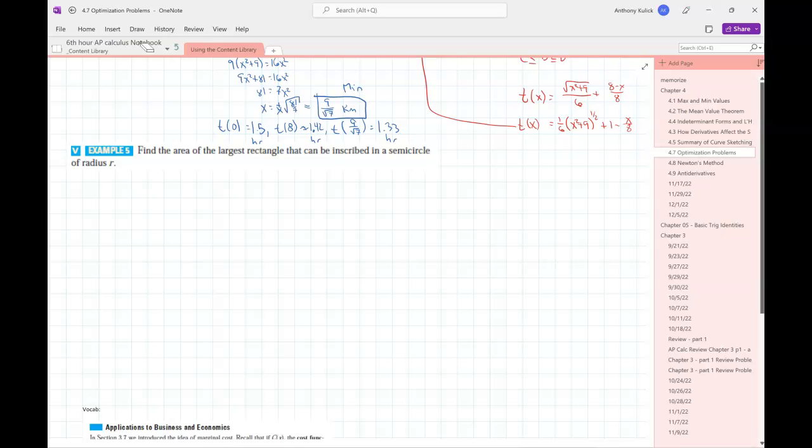Do you like chocolate cake? I'm a yellow cake guy. It's just vanilla.